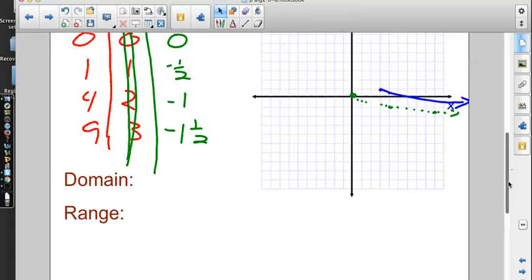Interesting. Domain, range. Domain is the x's. I think we already know this, because this would all depend on a starting point. Didn't we just say we had to go 3 and 1 to get to this point? So wouldn't that make that the ordered pair, 3, 1? What's the x? 3.